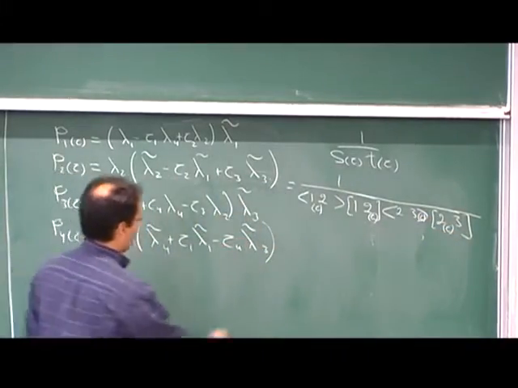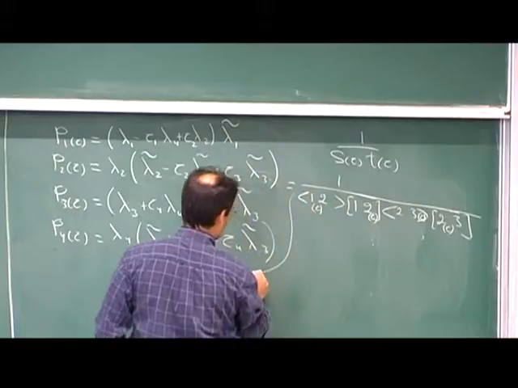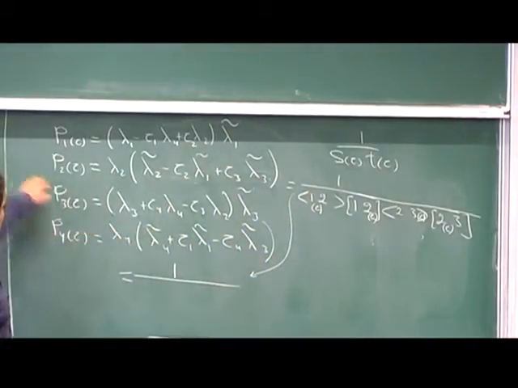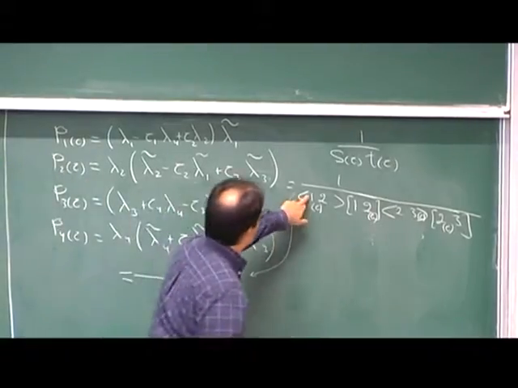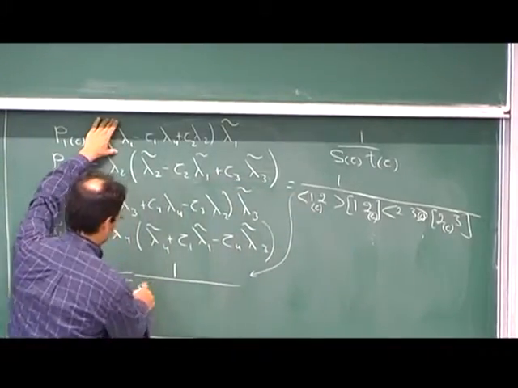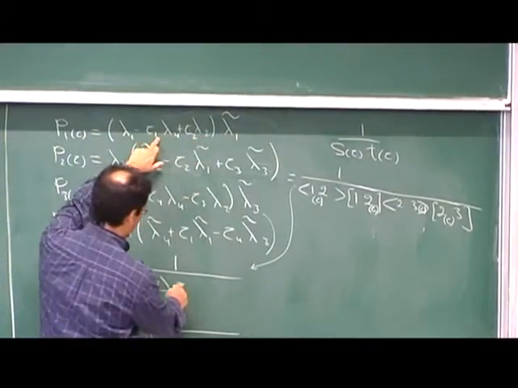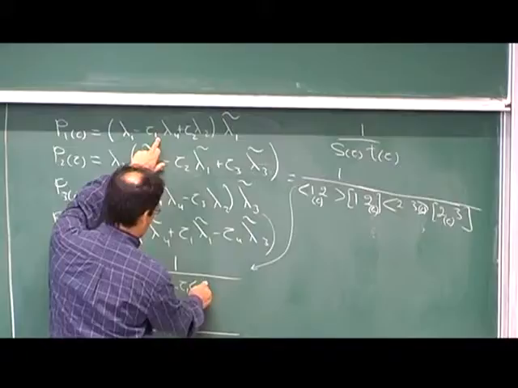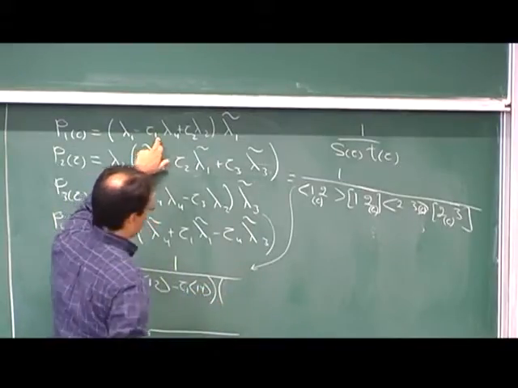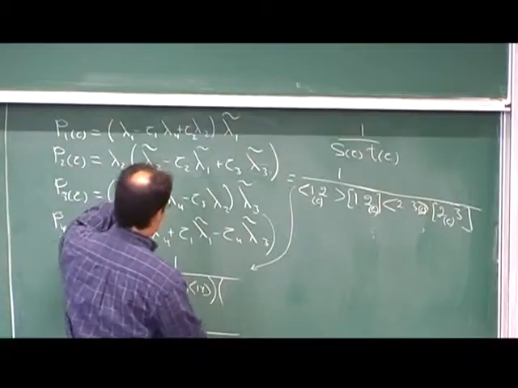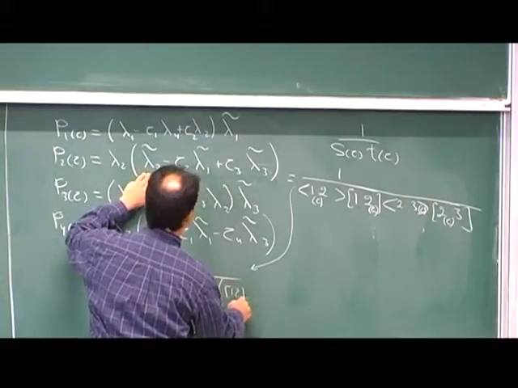So let's compute what they are. This thing is equal to 1 over. So lambda 2, this thing, <1 2> gives me <1 2>. This drops out. I only get contribution from here. <1 4>. This one gives me [1 2].